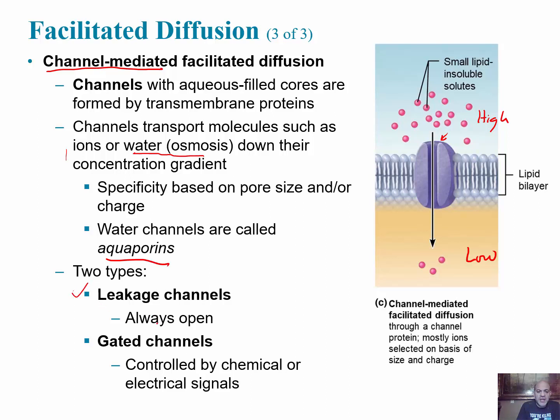One is leakage channels, and they're always going to be open, so we're constantly having movement as long as there's a gradient. And then we have gated channels, and those gated channels will only allow diffusion when they're open, so they can be either open or closed. If they're closed, then we won't have diffusion until they're open, and these are going to be controlled either by chemical or electrical signals. So if it's a chemical, it might be a little chemical in the area.